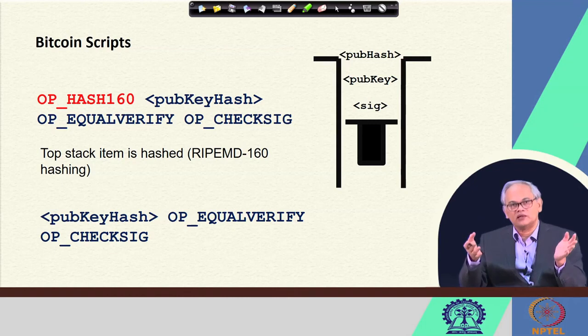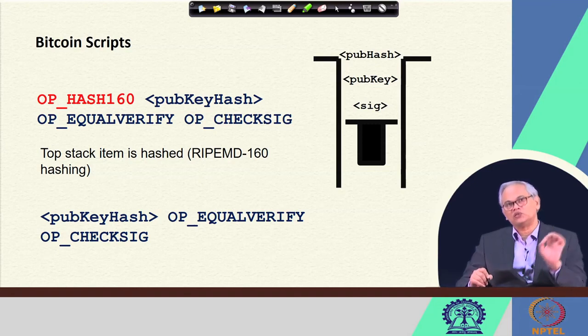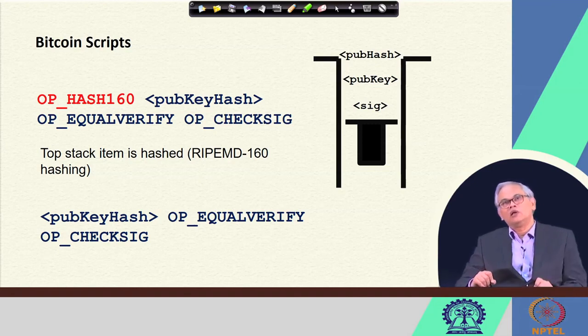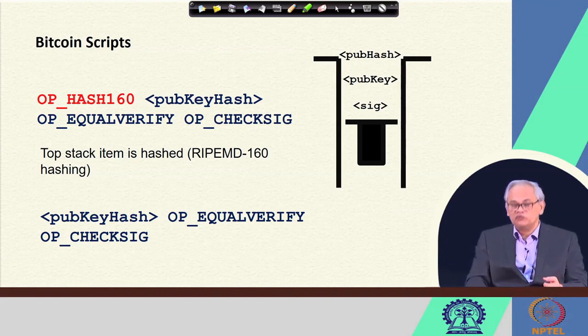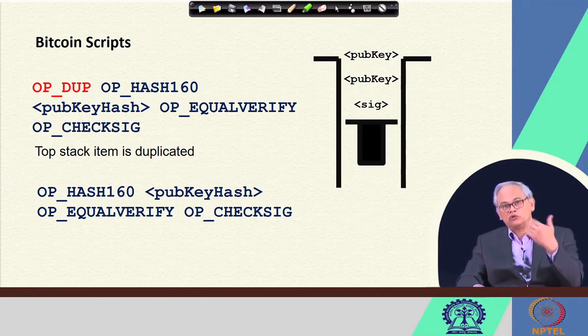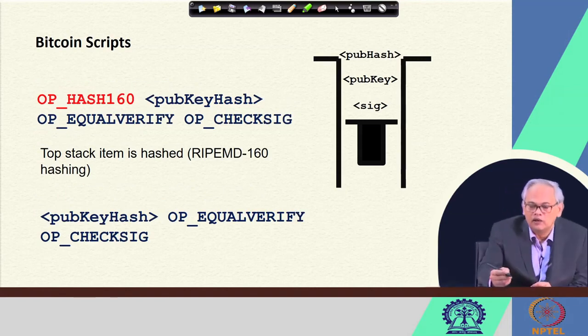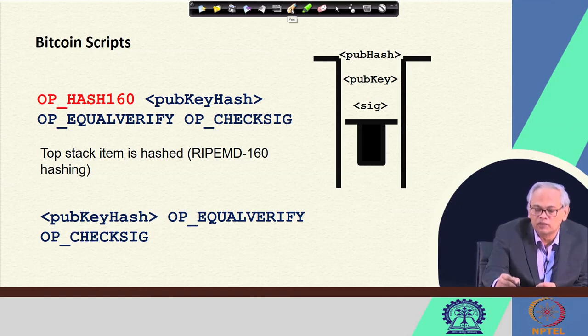There are different standards one can follow, and we are just talking about one particular standard, OP_HASH160, which will generate the hash of the top stack item. If you see here, the top stack item was the pub key, which was the duplicate of the previous top of the stack item. So, this OP_HASH160 will create the hash of the public key.